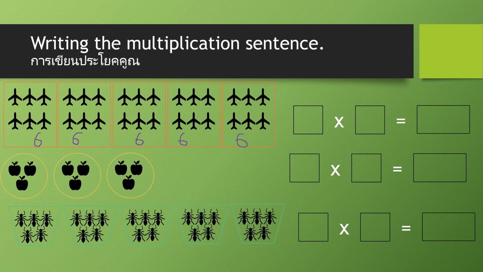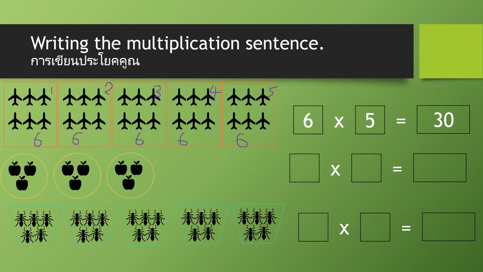Okay. So now how many boxes do we have? 1, 2, 3, 4, 5. We have 5 boxes. So what will we write here? We have 6 airplanes in one box.